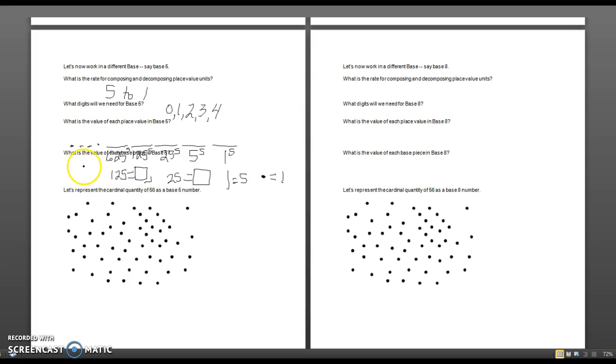And several years ago, students really depended on these base pieces sometimes to help them work in these different bases. Sometimes you have to use even bigger pieces, and this is student made, but it made perfect sense to me, so I'm okay with it. If you needed a bigger base piece, which wouldn't physically exist, but that's okay because it does what we need it to in our brains, we'd put a double shadow on it, and that would be 625. And if we went bigger, we'd put even another shadow, and so on and so on.